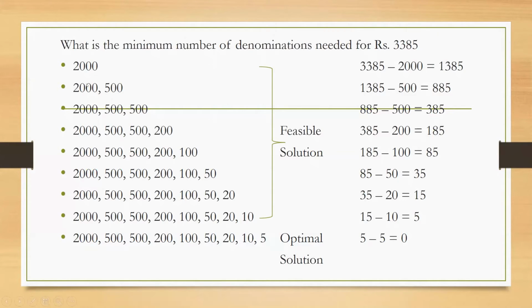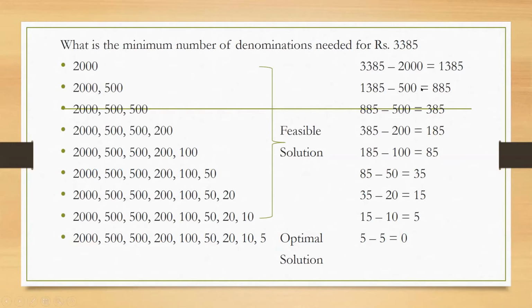In the second step, you are left with 1,385. You cannot choose 2000 because it is greater than 1,385. You have to go with the next lesser denomination, that is 500. So I will take one 500, and from 1,385 I deduct 500.